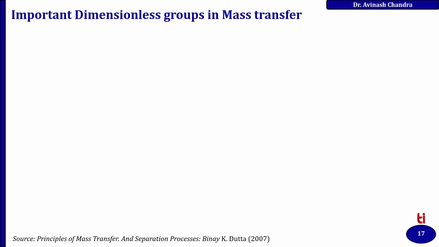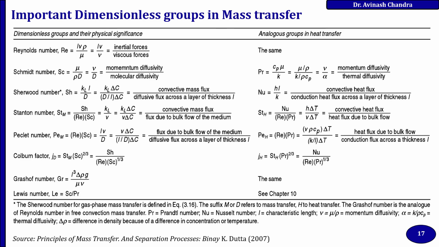The dimensionless groups in mass transfer are Reynolds number, Schmidt number, Sherwood number, Stanton number, Peclet number, Colburn factor, Grashof number, Lewis number. Reynolds number will provide the nature of fluidity, or the influence of inertia or viscous forces.